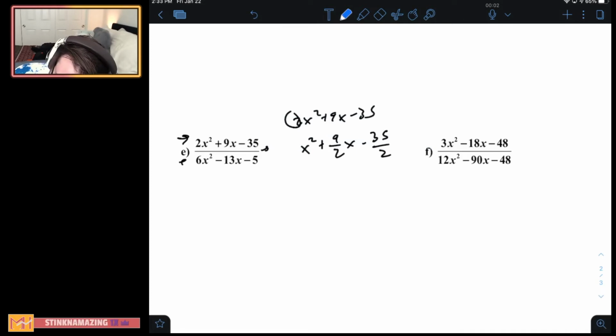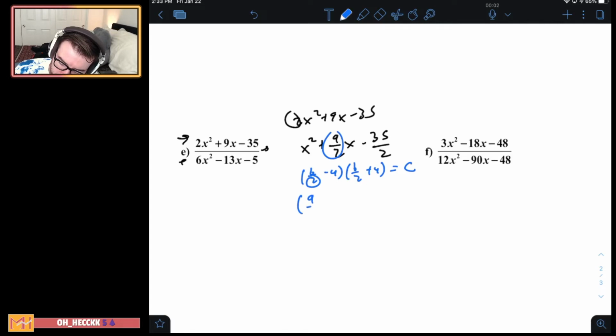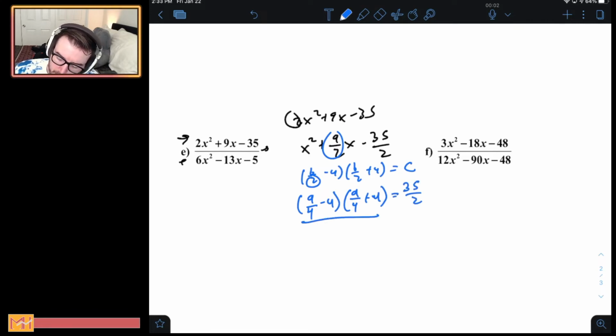And then we say b over 2 minus u, b over 2 plus u equals c. So what is half of 9 halves? The answer, 9/4. And then you multiply these two things together. And then you solve for u.